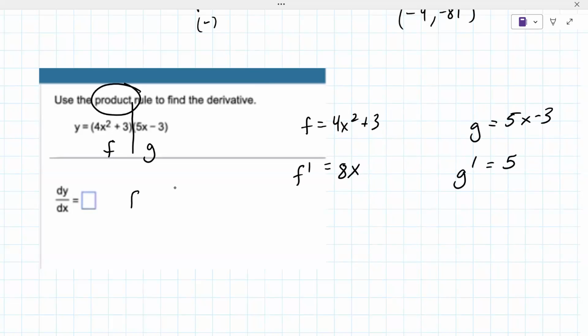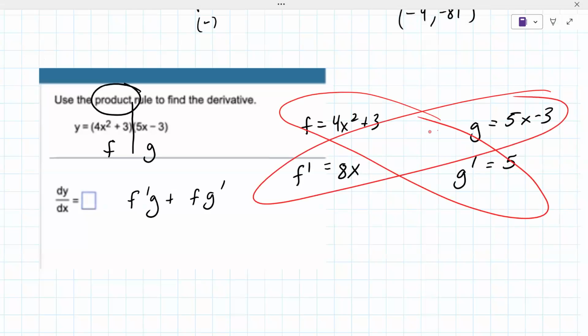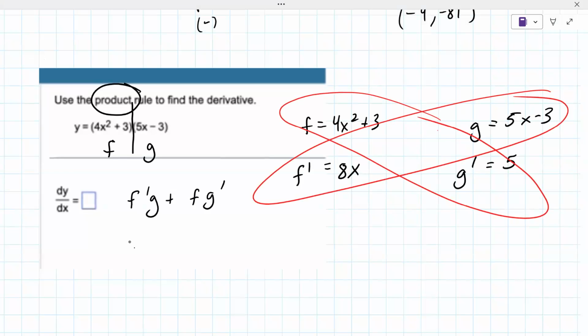Okay. So the derivative rule is you pair one with the derivative of the other, like the original with the derivative of the other, and then the flip of it. And it's essentially like combining diagonally. The order doesn't matter here, but I'll follow the order of what I wrote here.